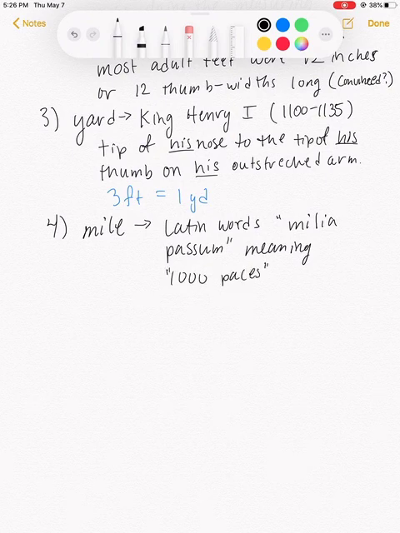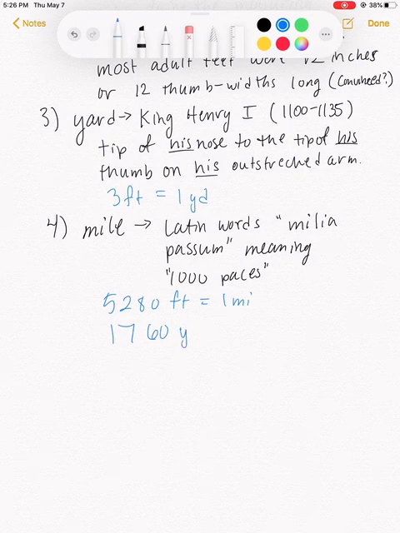So a mile is 1,000 Roman paces. For conversion, there are 2 we can look at. There are 5,280 feet in a mile, and there are also 1,760 yards in a mile. Make sure you use MI as the abbreviation for miles.